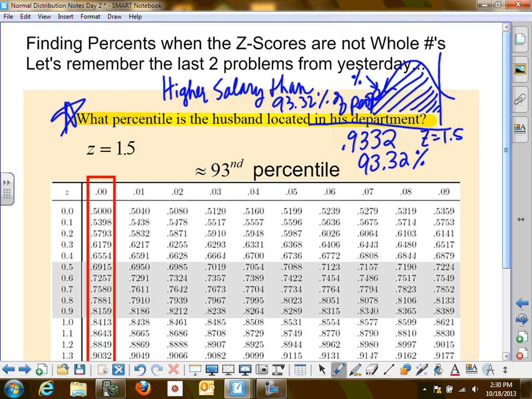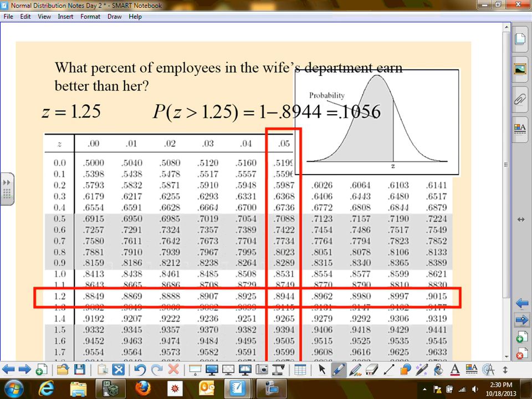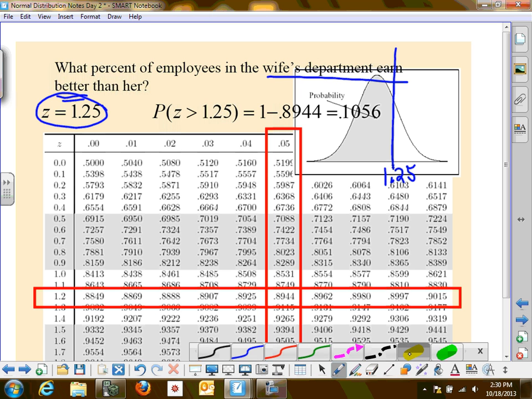Now, let's answer this question about the wife. What percent of the employees in the wife's department earn better than her? Remember that her z-score was 1.25. If you look at a picture, and this was a z-score of 1.25, I want to highlight the section that I'm trying to find if I want the salaries better than hers.